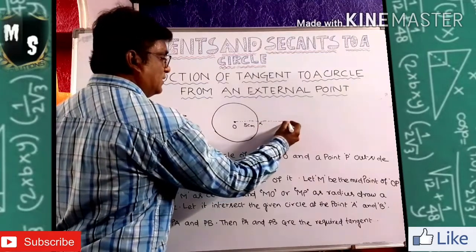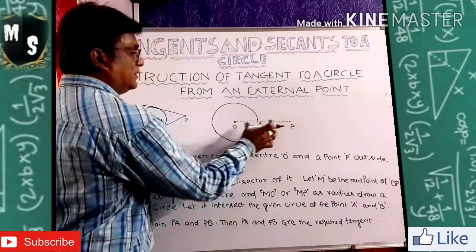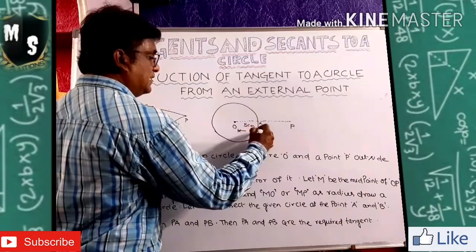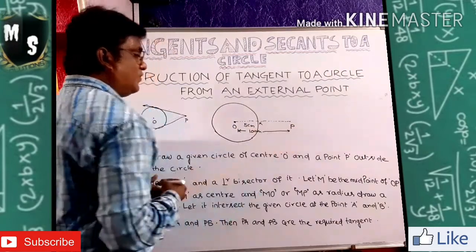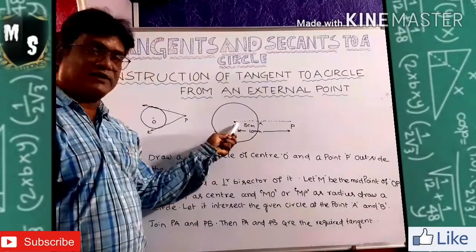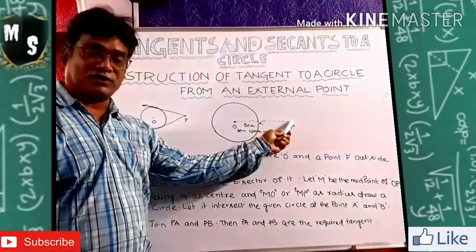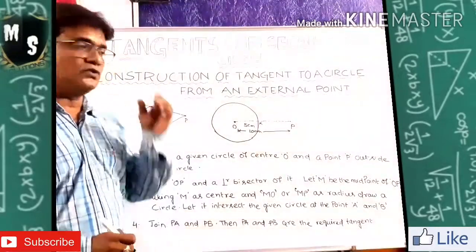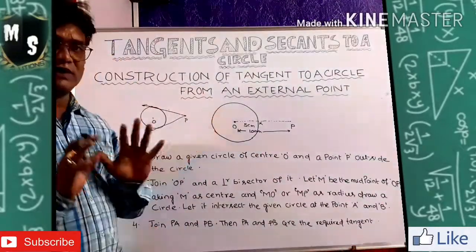So another 5 cm I have to draw, 5 cm and 5 cm. Now the total distance is 10 cm, from the center to the outside point P. So we have already drawn the first step.